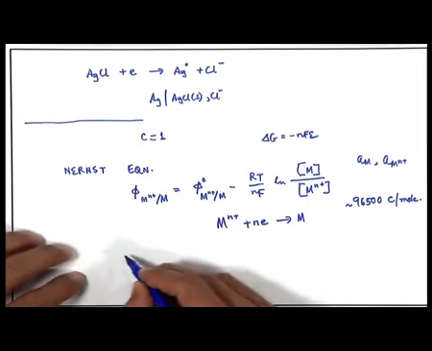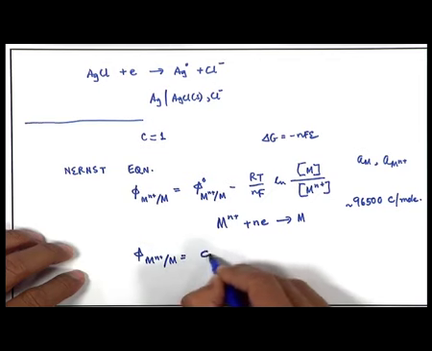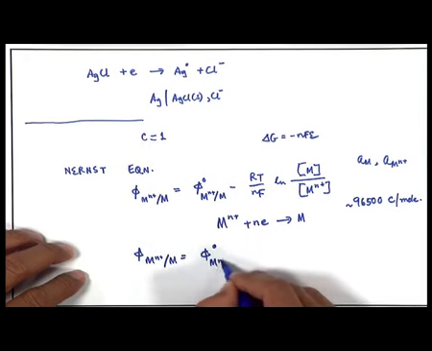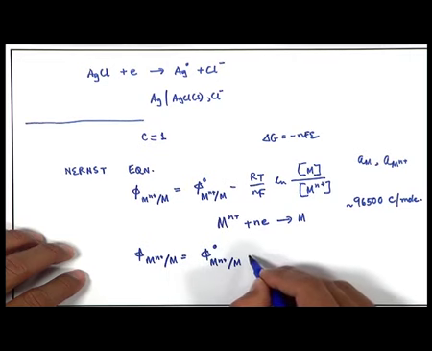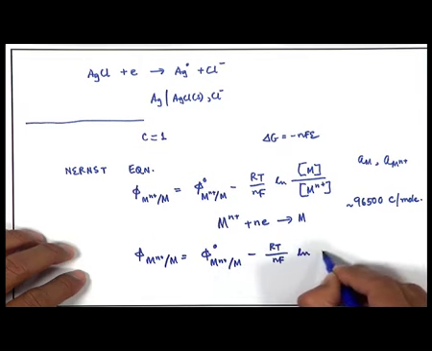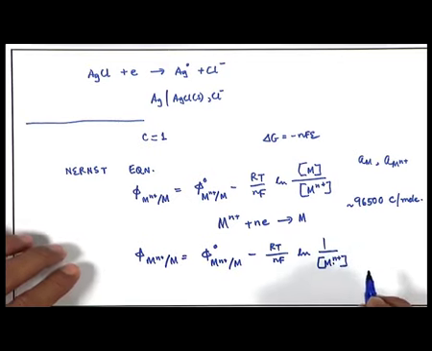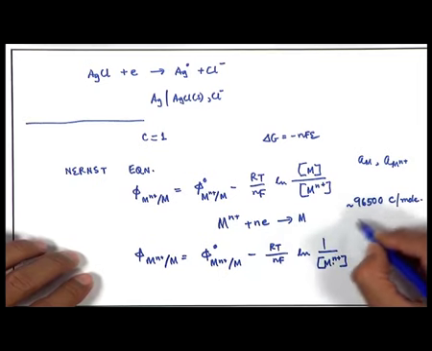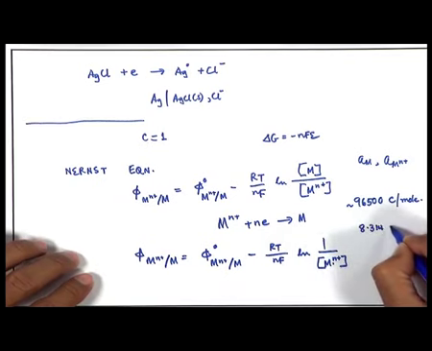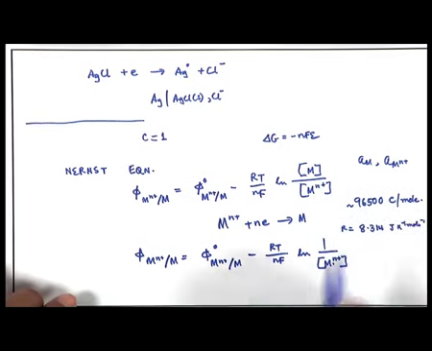So, we can write phi of M n plus M equal to phi 0 of M n plus M, minus RT by nF ln of 1 upon the concentration of M n plus. Here the value of R is 8.314 joule per Kelvin per mole, and F is 96500.